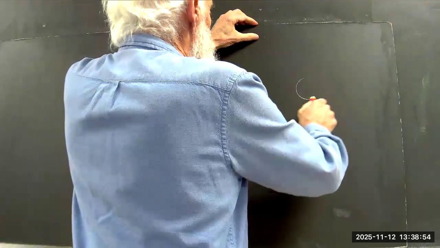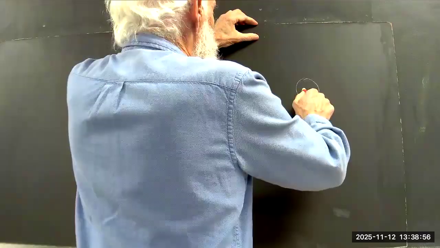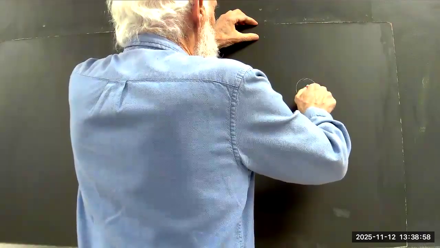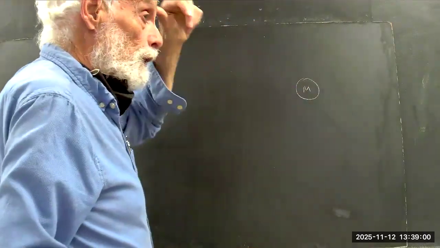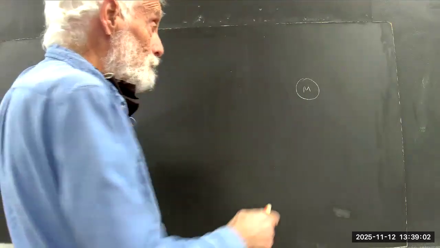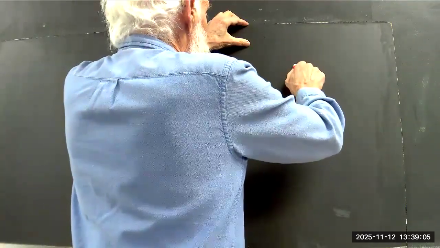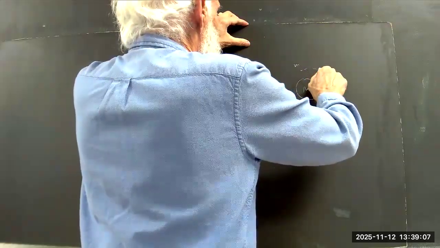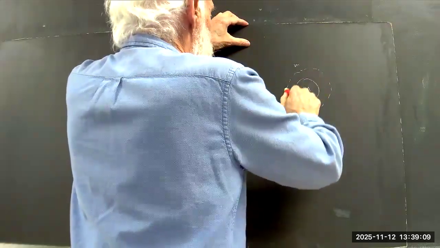Okay, so let's say you're in a circular orbit. I'll just put a big M there for the mass of a big object and a little m out here. And it's all lopsided, but it's supposed to be circular.